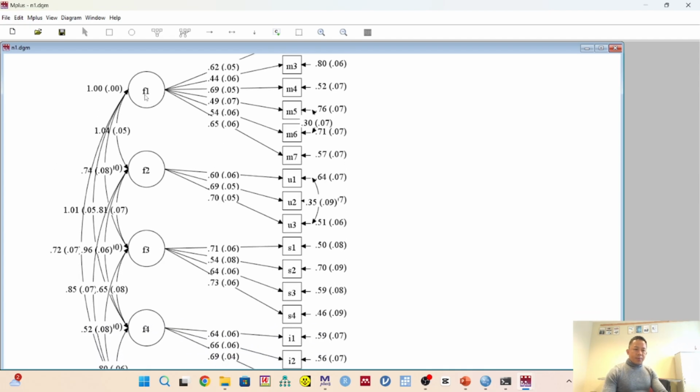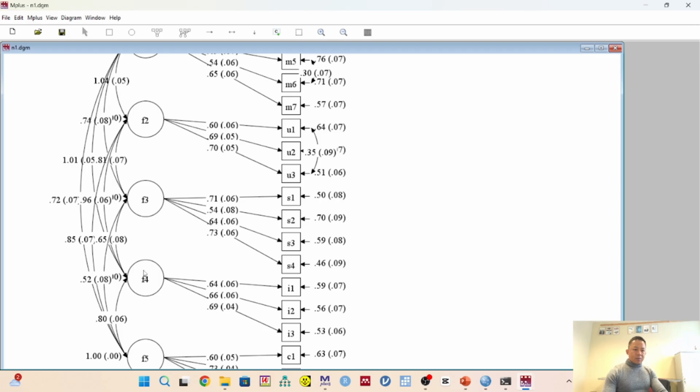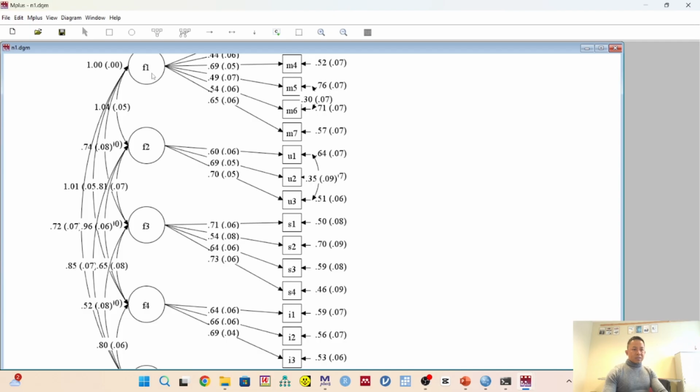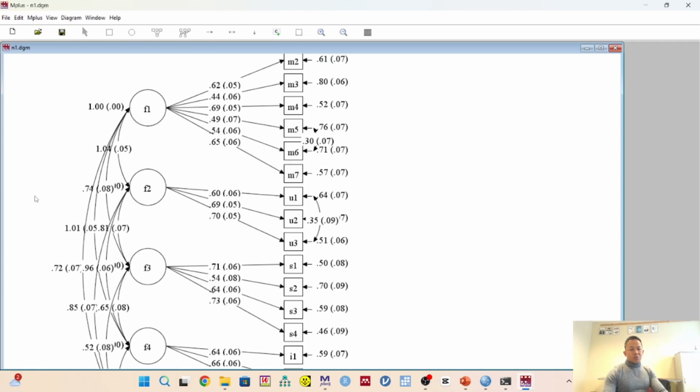Here, F1 and F2 correlations are more than 1. It is a problem. It means these two factors are overlapping. These two factors should be combined or their items matched. And also F1 and F4 are more than 1.01. It has a problem. We should consider matching the items for F1 and F2, and F1 and F4. And to be clear, we should check the values.